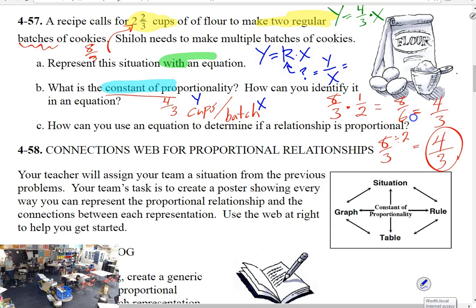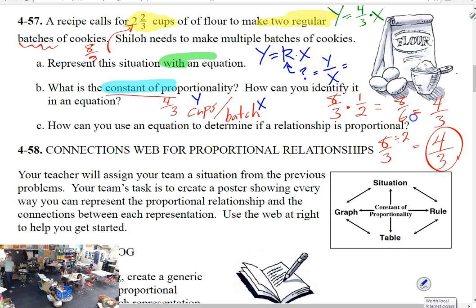Because our choir friends are gone, I'm only going to do one more piece of this problem and give you guys like over 5 minutes to start homework. If we decide to make 5 batches, how do we solve this? Multiply what? By?